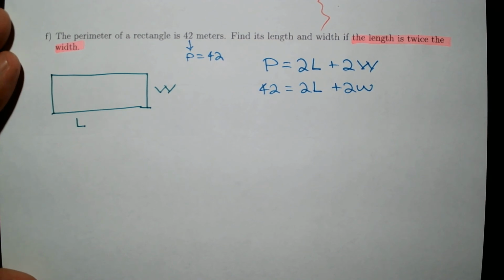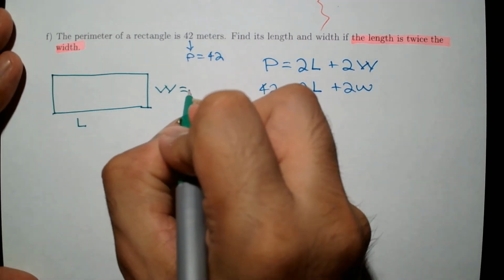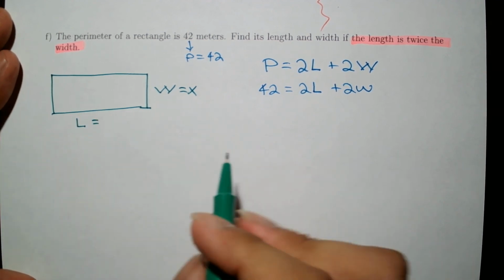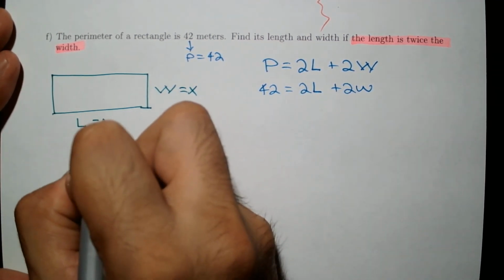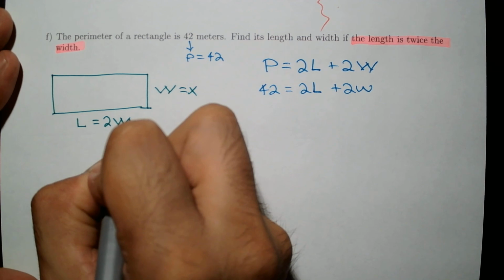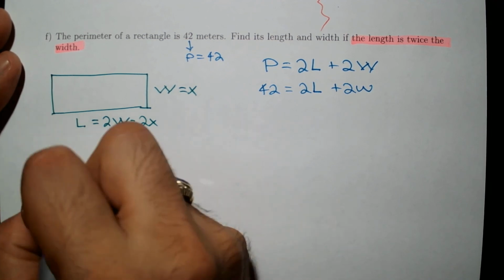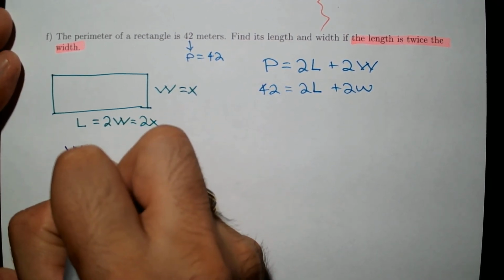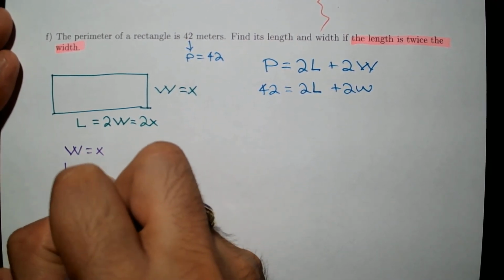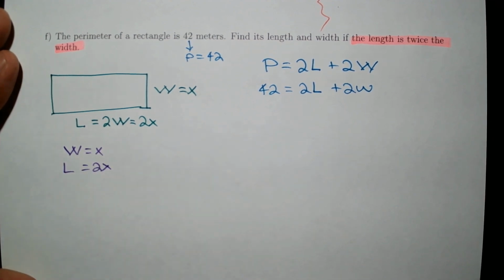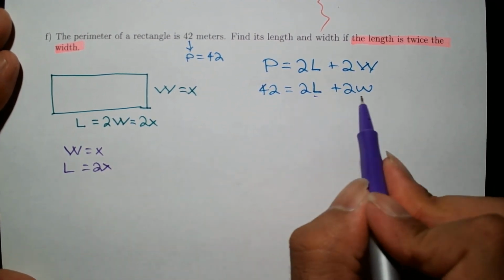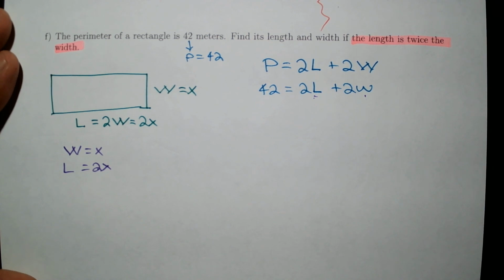We don't know anything about the width, so we can just call it x. The length is twice the width, which is 2x. So in summary, the width equals x and the length equals 2x, which we can safely plug in where they correspond.